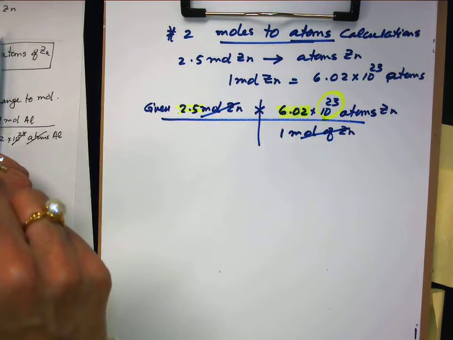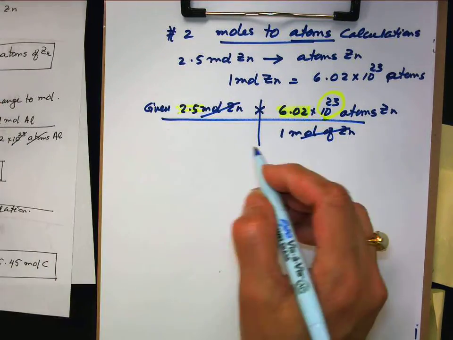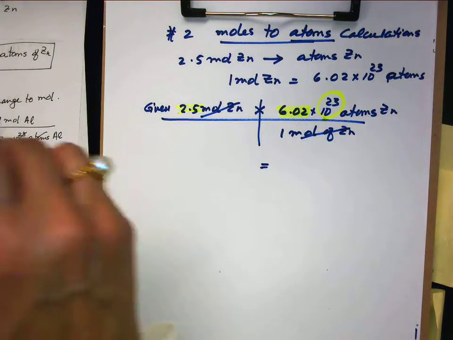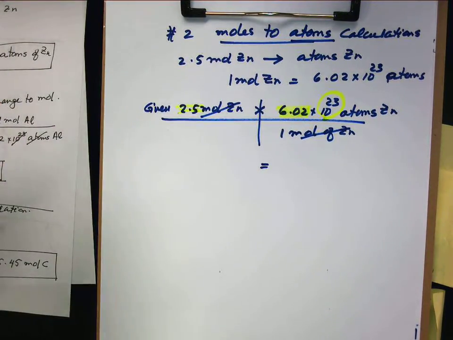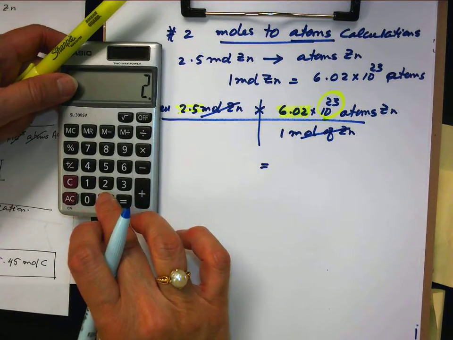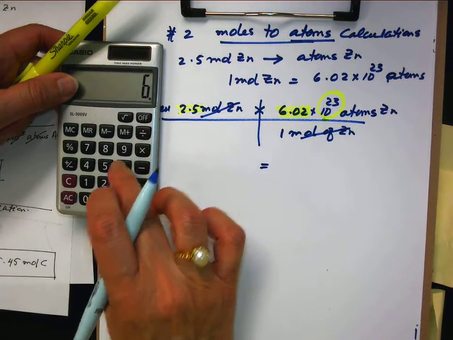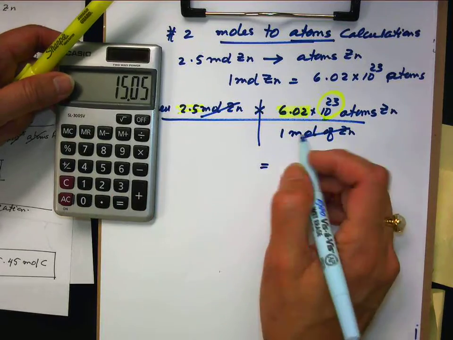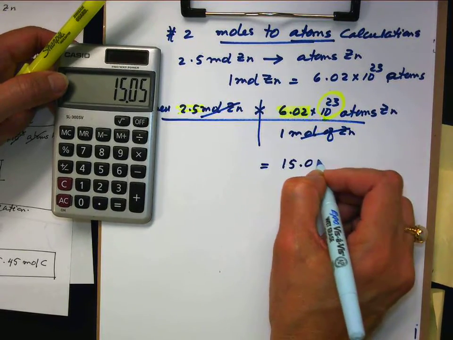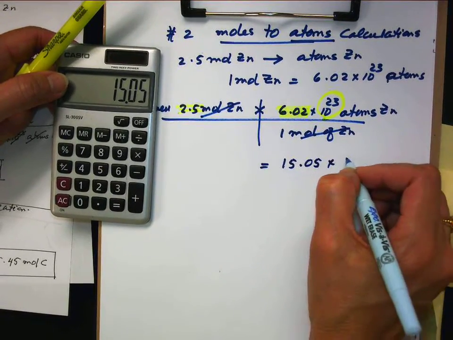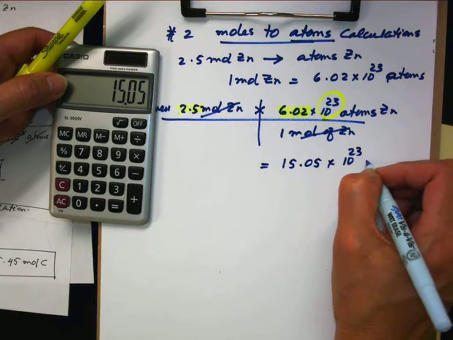All right, that's the easiest way to do it. So 2.5 times 6.02 is 15.05 times 10 to the 23 atoms.